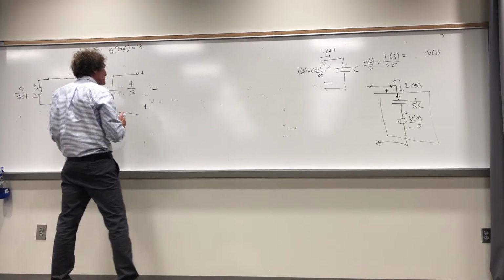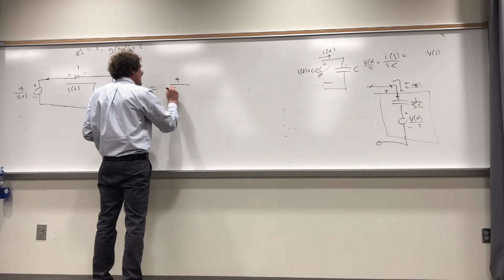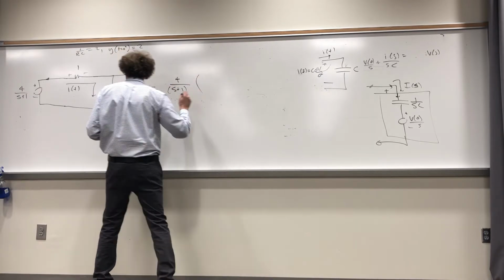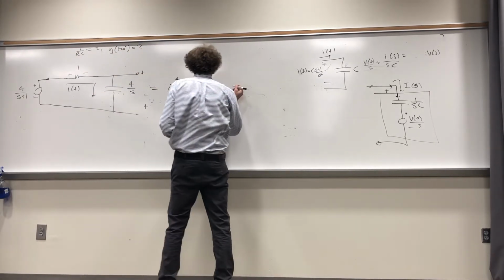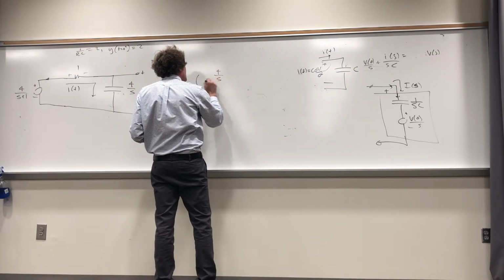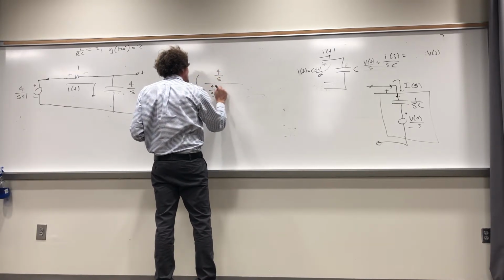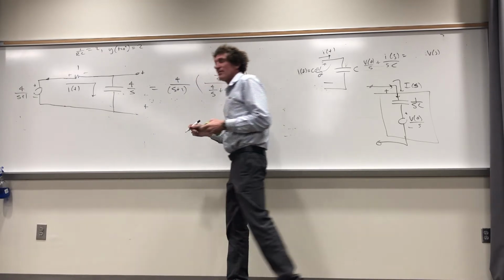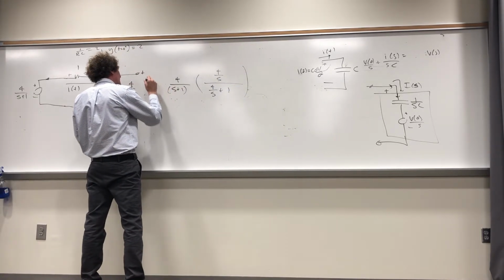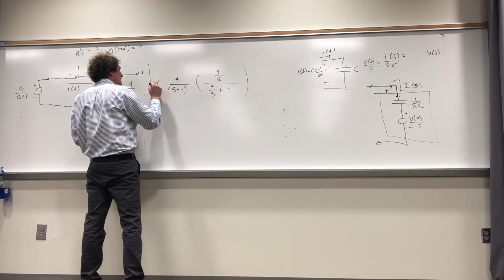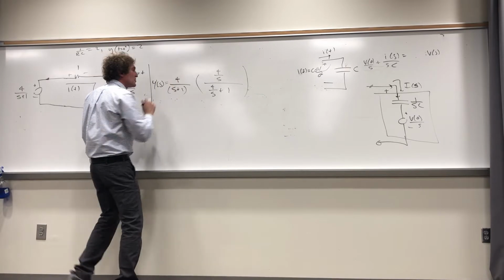How about if I take the source voltage, 4 over S plus 1? Isn't this like voltage division? So if I take 4 over S over 4 over S plus 1, wouldn't that be the voltage I'm looking for? This would be my Y of S. Do you agree with me there?